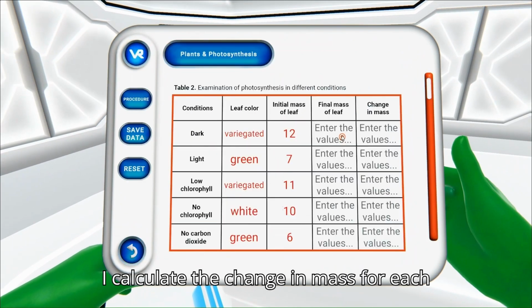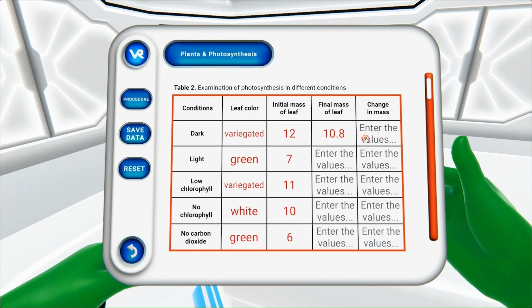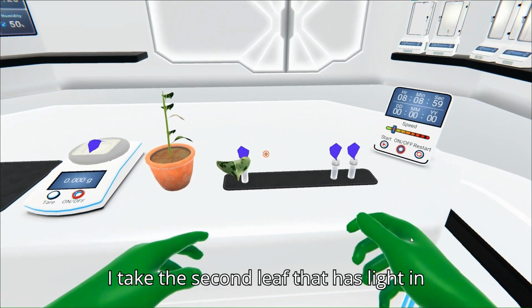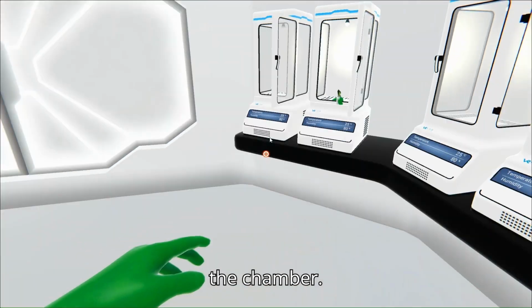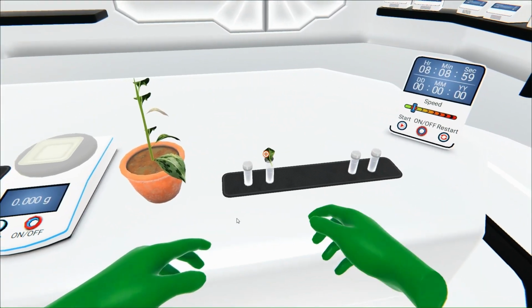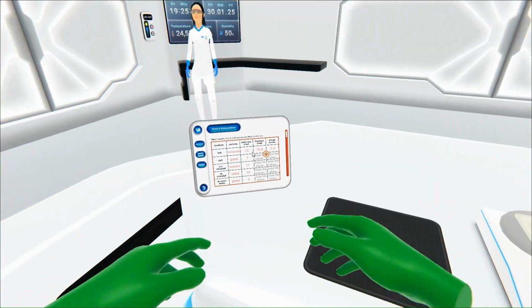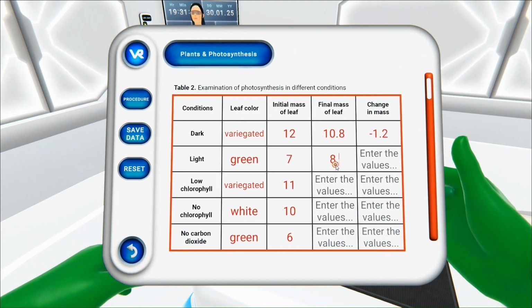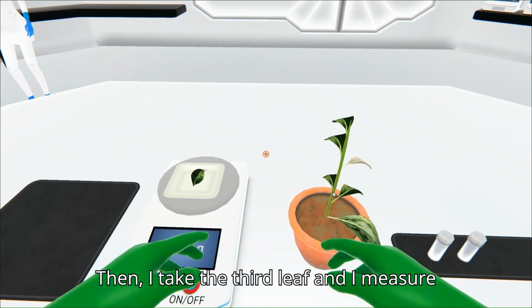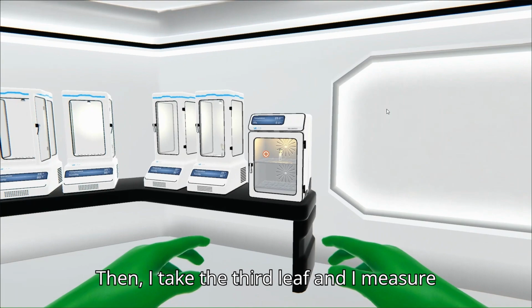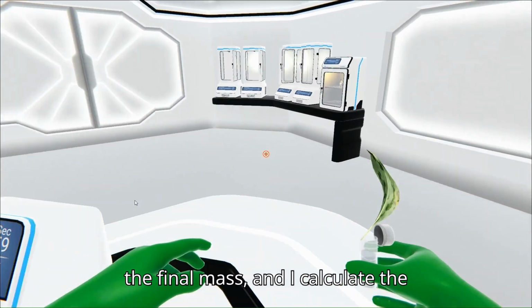I calculate the change in mass for each leaf. I take the second leaf that has light in the chamber. Then, I take the third leaf, and I measure the final mass, and I calculate the change in mass.